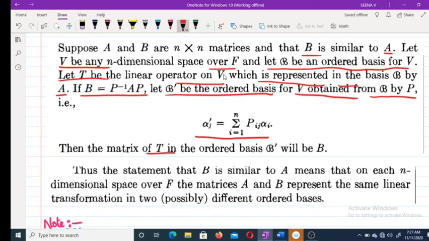Then the matrix of T in the ordered basis B' will be B.